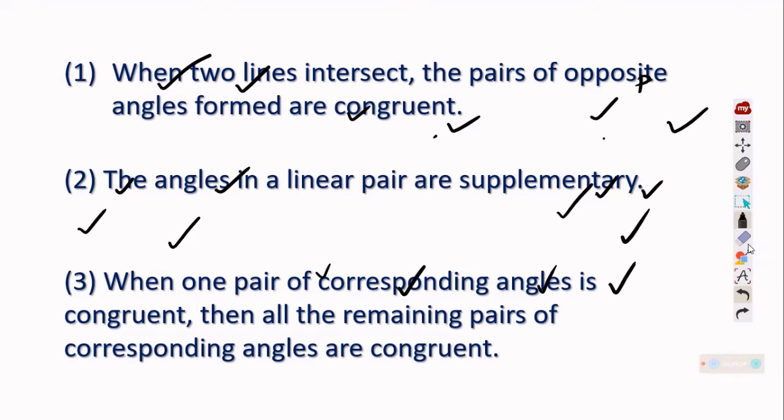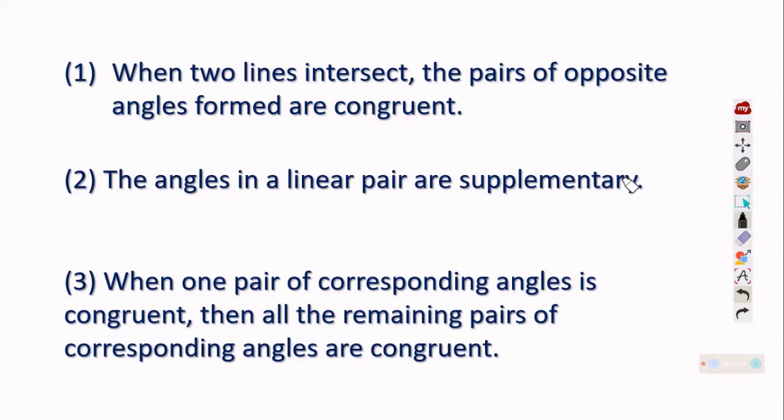Now, when two lines intersect, the pair of opposite angles formed are congruent. This particular thing you studied in your previous year as the vertically opposite angles formed by two intersecting lines are congruent.